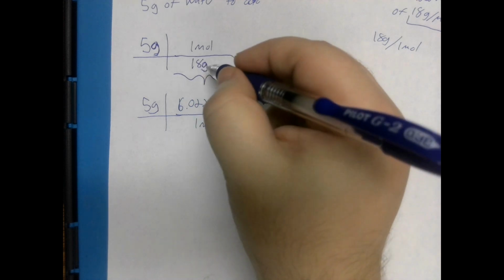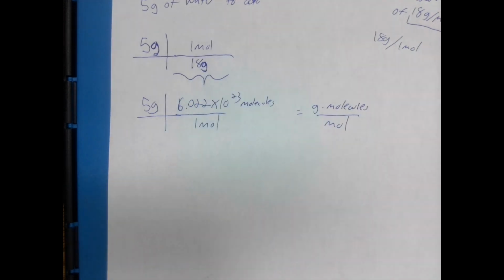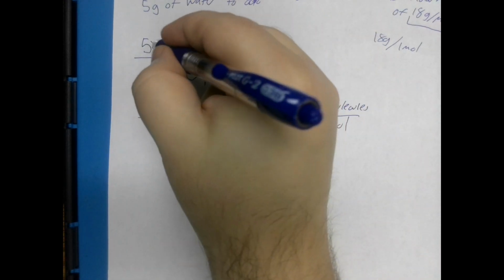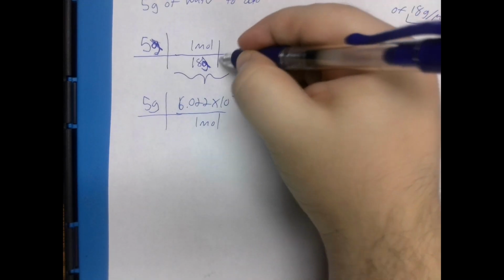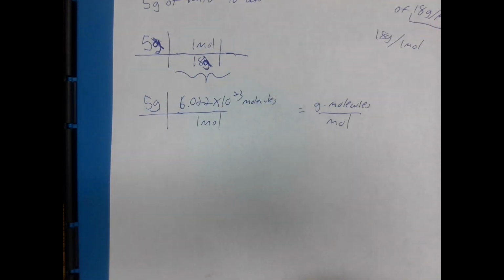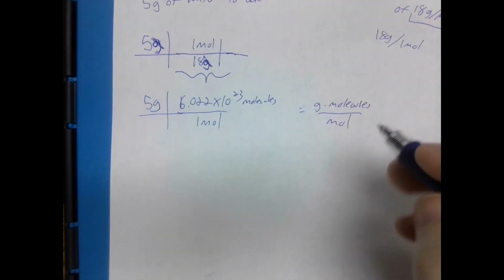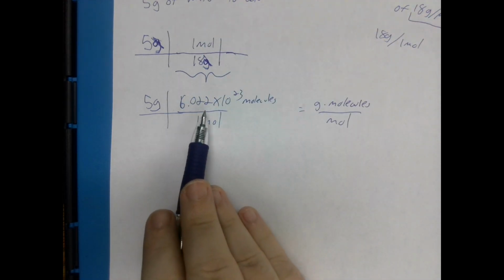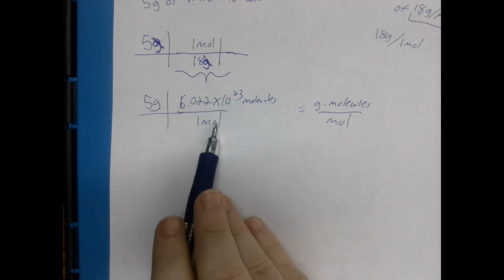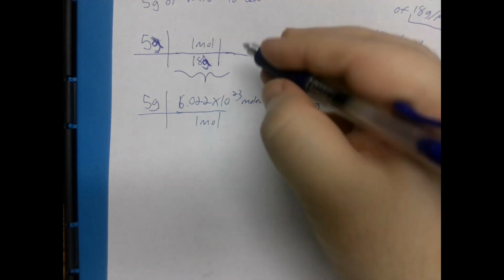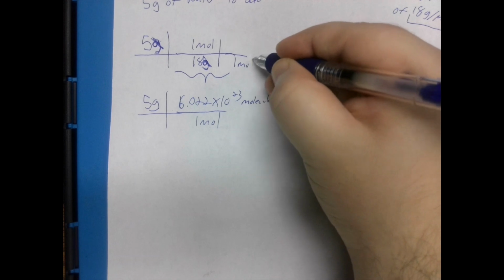You need to be putting the units in the grid and seeing what cancels out. A gram divided by a gram canceled out, so now I'm in moles. Moles is not molecules, so I need to add another conversion factor. So I know the ratio of 6.022 times 10 to the 23 molecules per mole, and the mole needs to be on the bottom, so I put mole on the bottom.